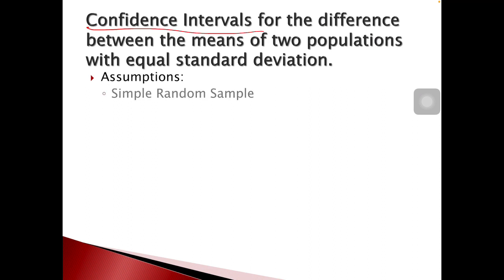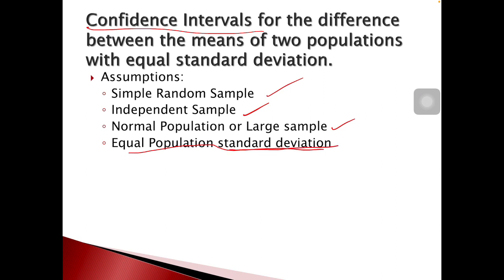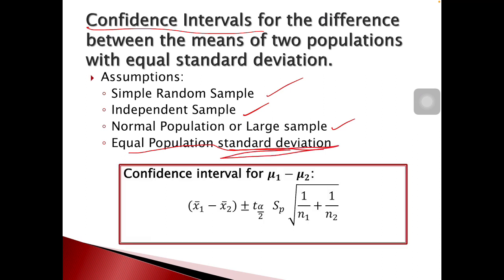First we assume, same as the previous case, that we have random samples that are independent, normally distributed populations or large enough samples, and equal population standard deviations, same but unknown.